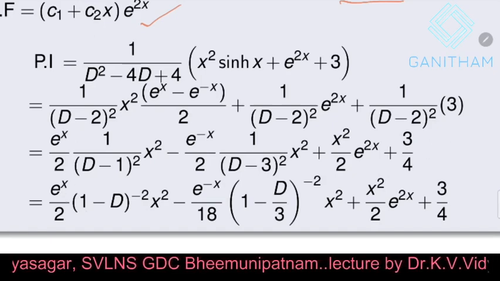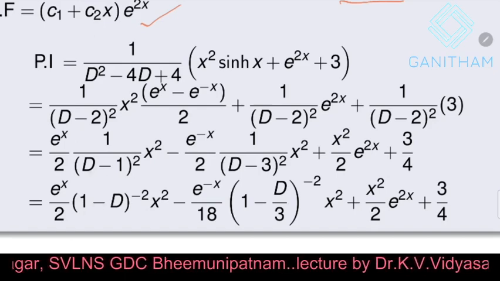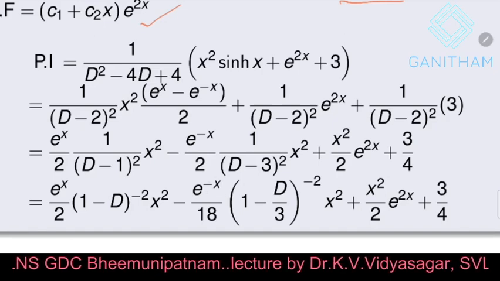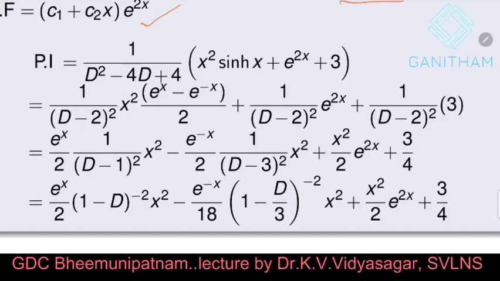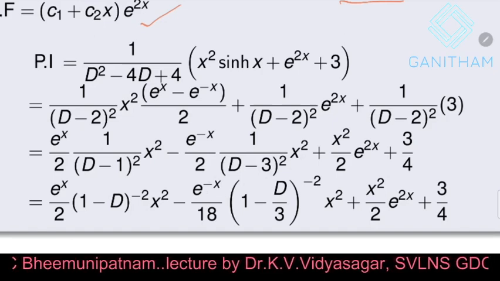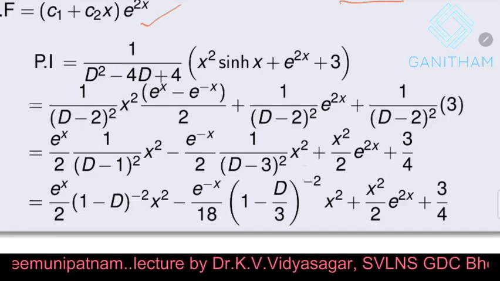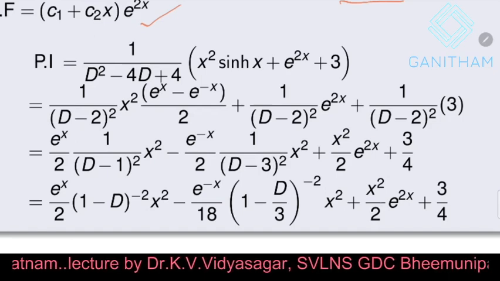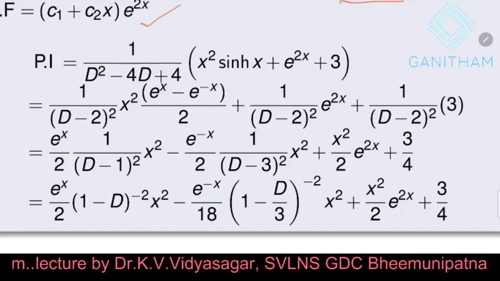Now e to the power of x by 2 into (1 minus d) to the power of minus 2 into x square, and minus e to the power of minus x by 2 into 1 by 9, (1 minus d by 3) to the power of minus 2 into x square, and plus x square by 2 into e to the power of 2x plus 3 by 4.